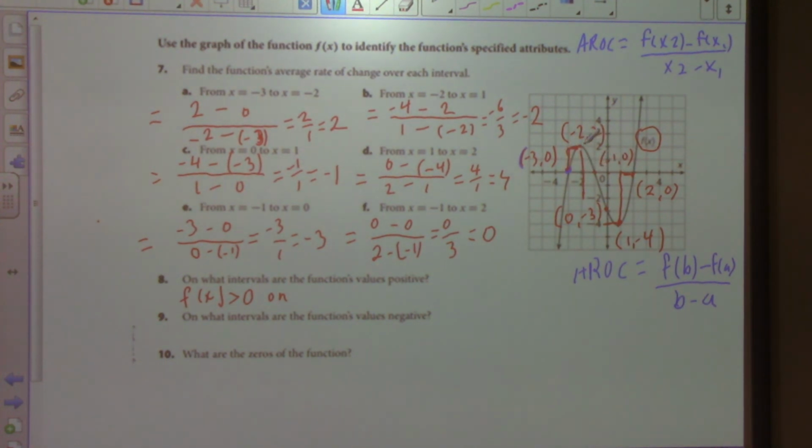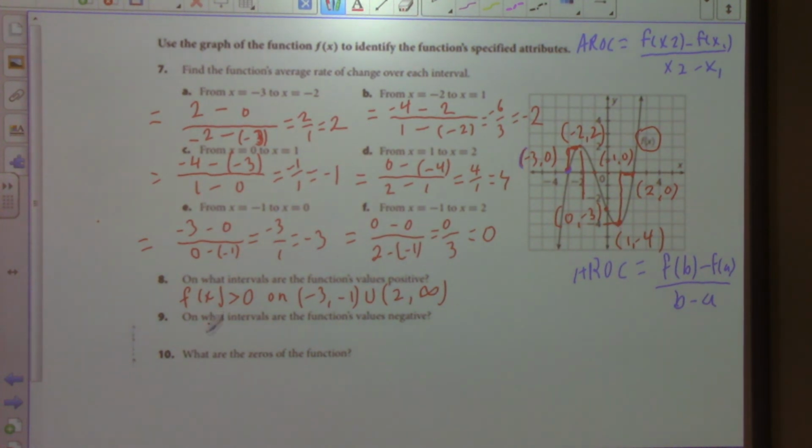Right here, between -3 and -1. You see this graph comes up above the x-axis? And where else are the function's values positive? Two, right here. So 2 all the way to infinity.